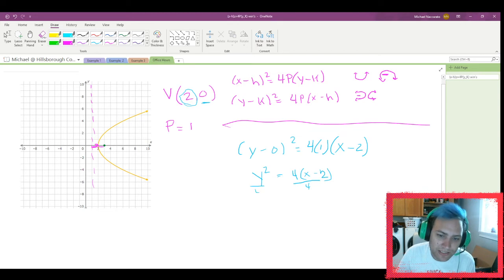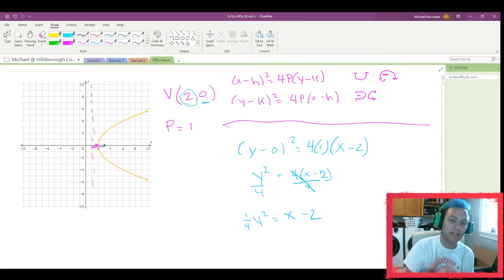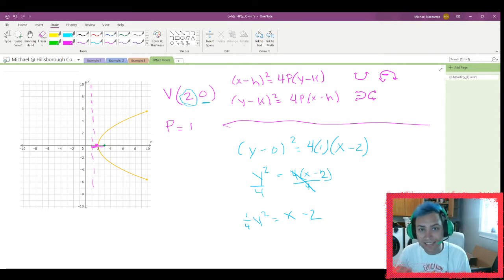If we divide y squared by 4, we get 1/4 y squared equals, those cancel, x minus 2. 1/4 y squared is the same thing as y squared divided by 4, but that's the proper way to write it, like a slope. Then the last step is moving this piece over.